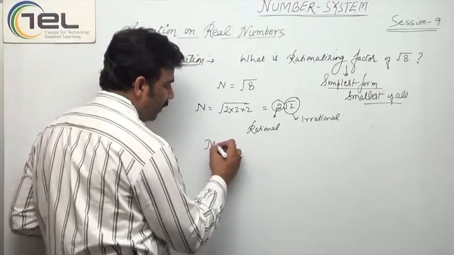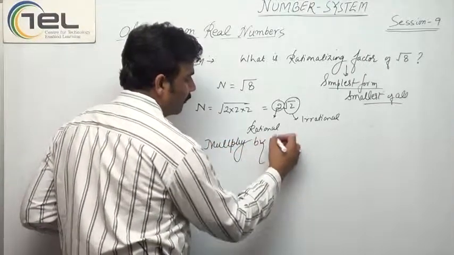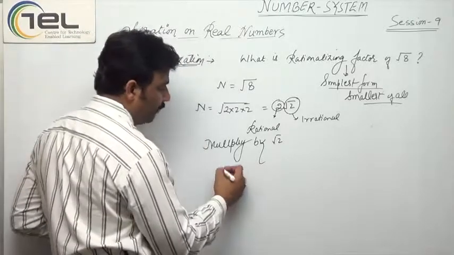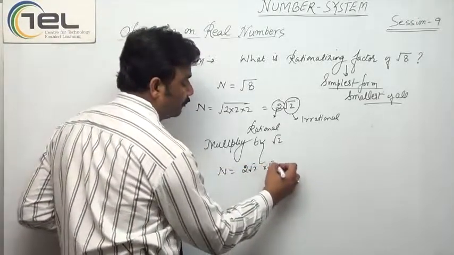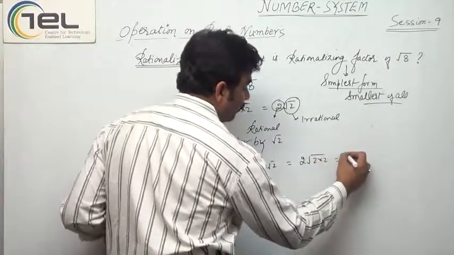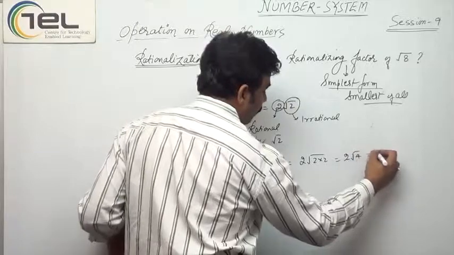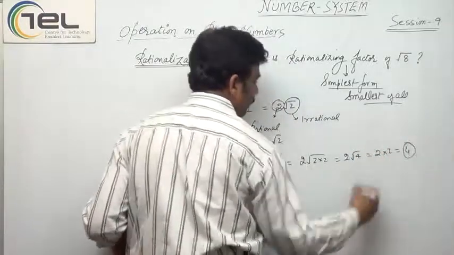Only very simple. Multiply by root 2. So n becomes 2 root 2 times root 2. It becomes 2 into 2, which is 2 root 4, which is 4.